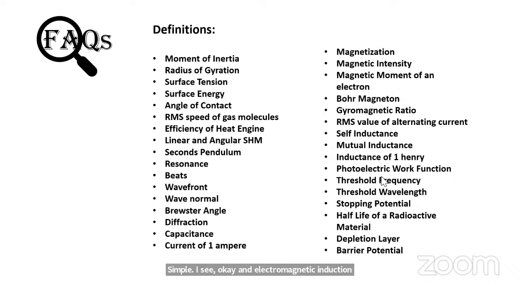Photoelectric work function, threshold frequency, threshold wavelength, stopping potential, all these definitions are related to photoelectric effect. Half-life of a radioactive material you will find in the chapter atoms, molecules and nuclei under radioactivity. Then depletion layer, barrier potential you will find in semiconductors.